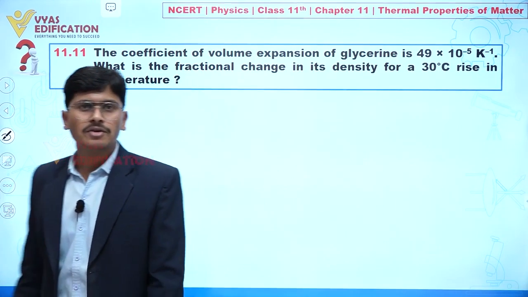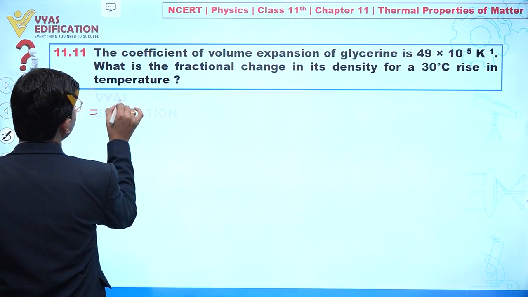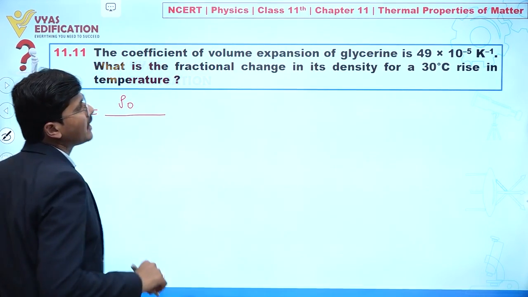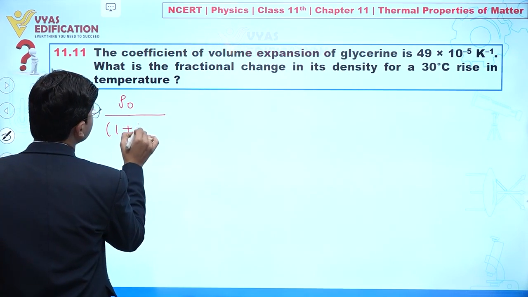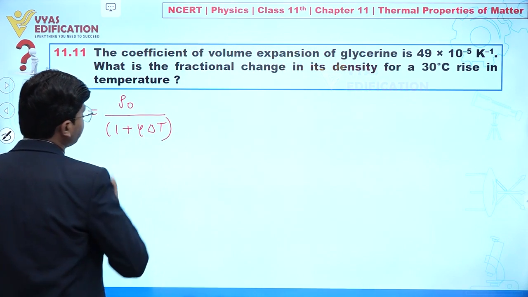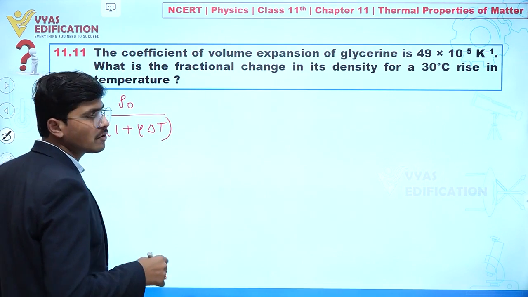Now dear student, you know there is a relation between density and volume expansion. So rho is given by rho naught divided by 1 plus gamma delta T. This is the relation between density and the coefficient of volume expansion.